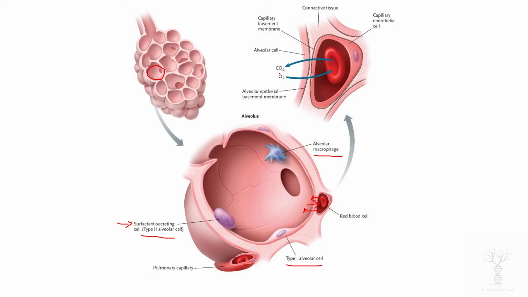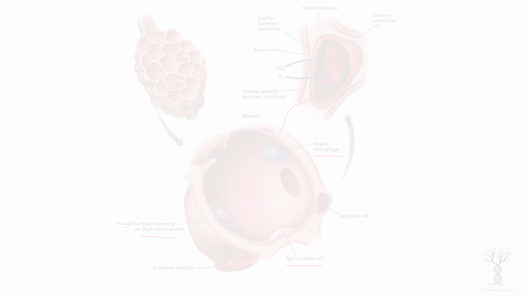So up here you can see oxygen is going to be diffusing from this alveolus into the red blood cells, and carbon dioxide, which we'll talk about in the other video as well, how we transport carbon dioxide. Some of it will be with red blood cells, but some of it will be in the plasma. And this moves across the membranes of the type 1 alveolar cells.